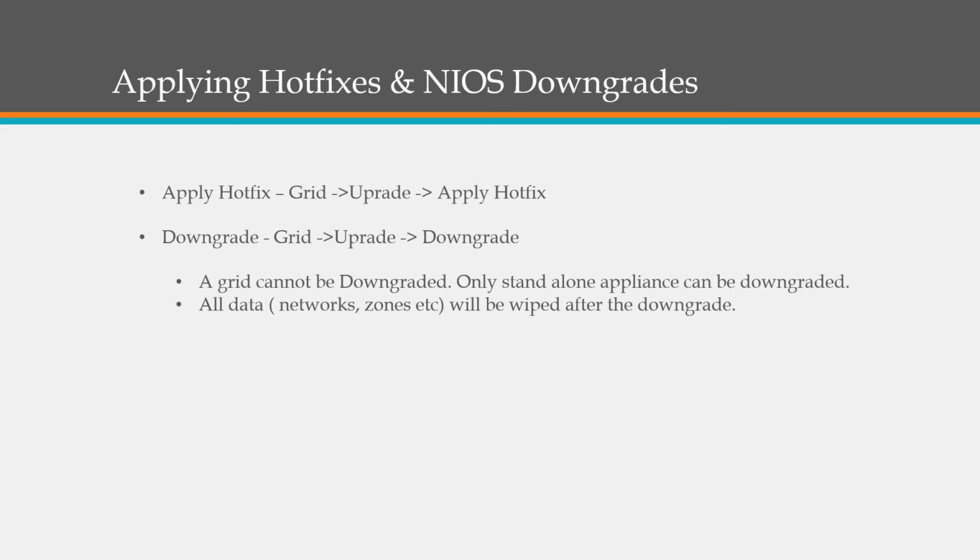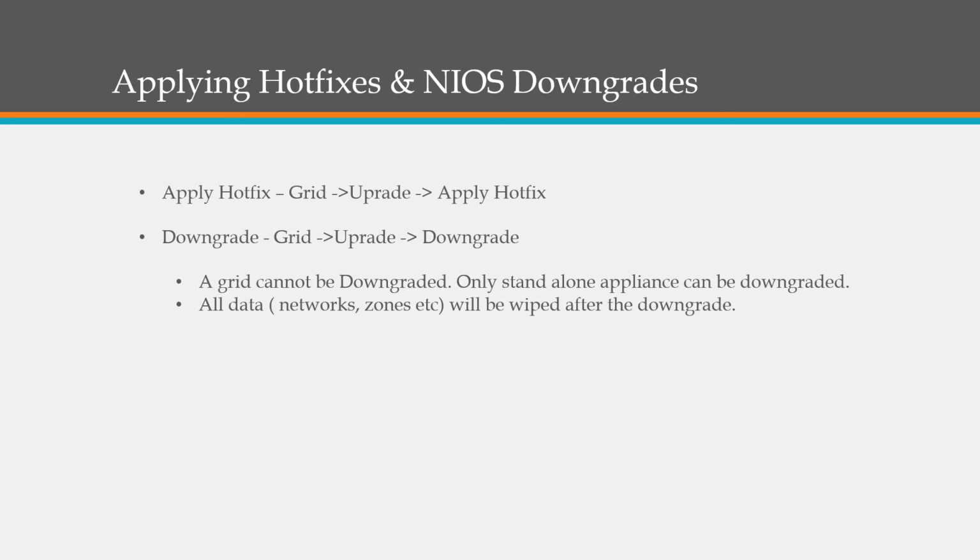Sometimes you have a very specific issue which your grid is having, or let's say one specific member of a grid is having, and you cannot do an upgrade right now. So you contact Infoblox support, and they work with the development team, and they release the hotfix and give it to you.